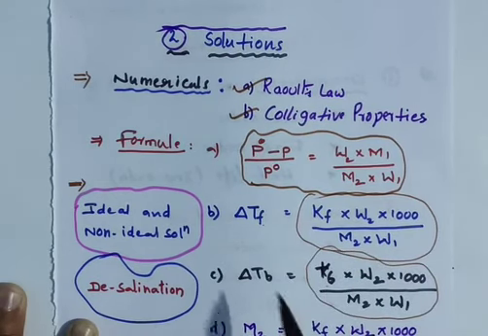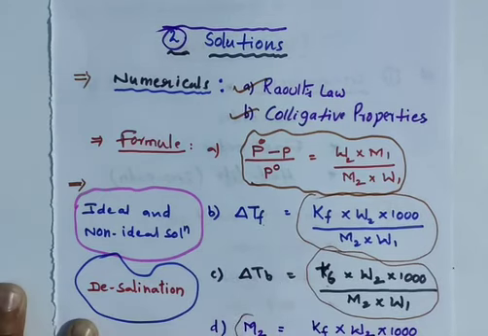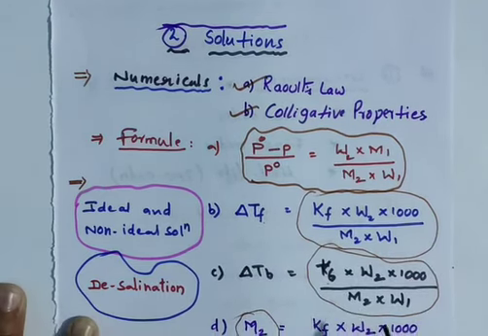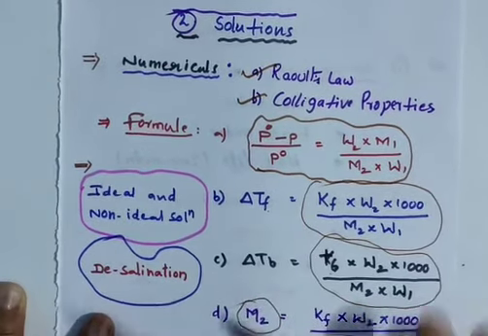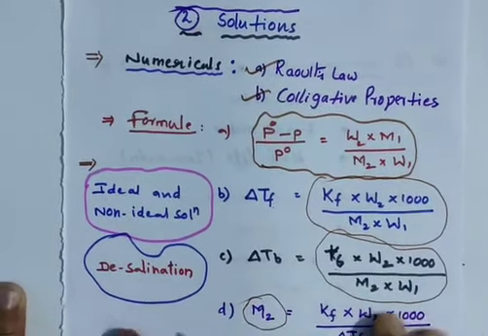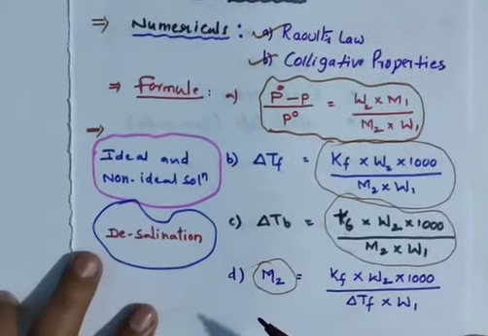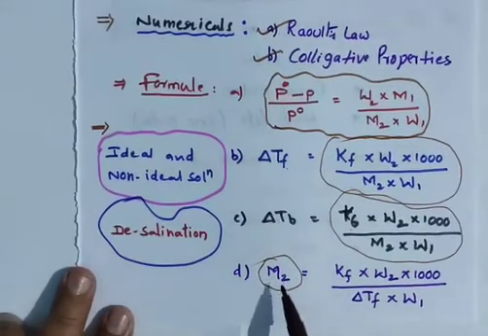Sometimes instead of delta Tf or delta Tb, they will ask for the molecular weight. So you modify this formula for the molecular weight of the given substance they are asking about, and you can calculate it easily.